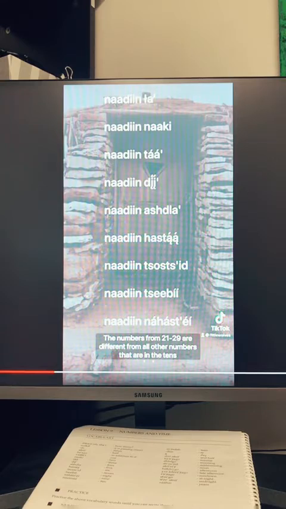But the 20s are the only time you drop the and. So you would say nadin sha, which means 21. Nadin naki, 22. Nadin tra, 23.